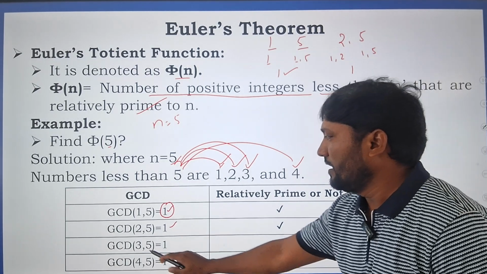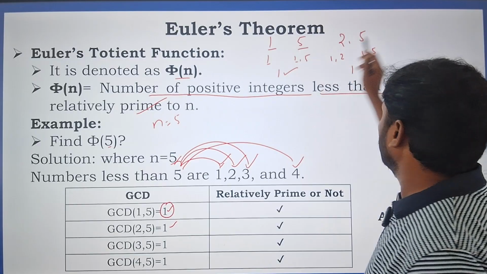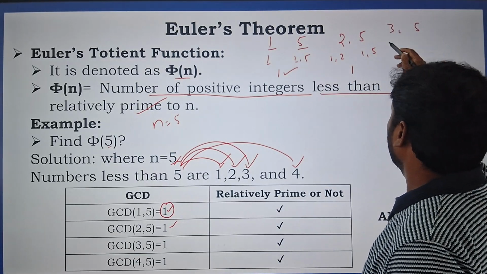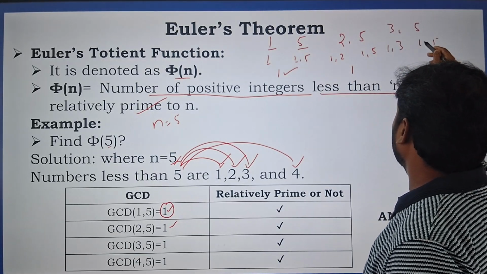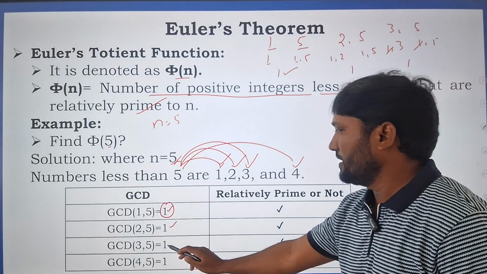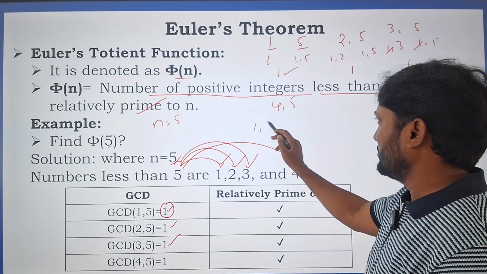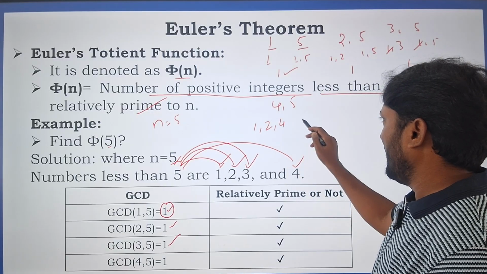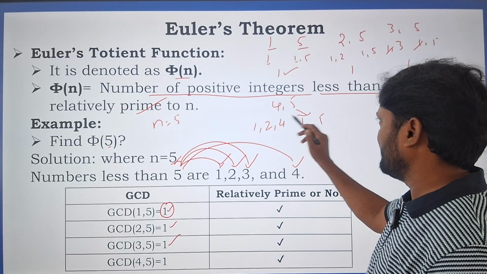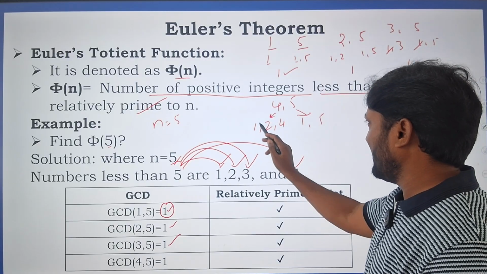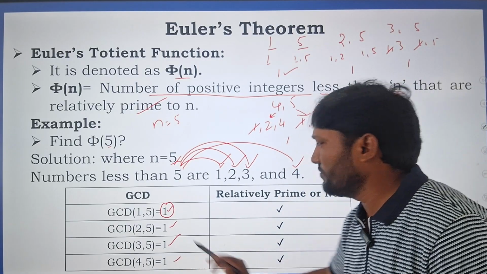Then 3 comma 5: 3 and 5, the divisors are 1 and 3, 1 and 5. The common value is 1. Then 4 comma 5: 1, 2 and 4, and 1 and 5 for this one. What are the common numbers here? Only 1. So that is 1.